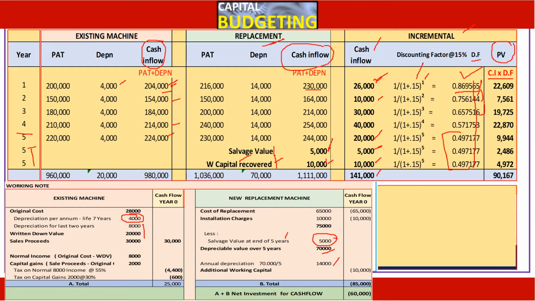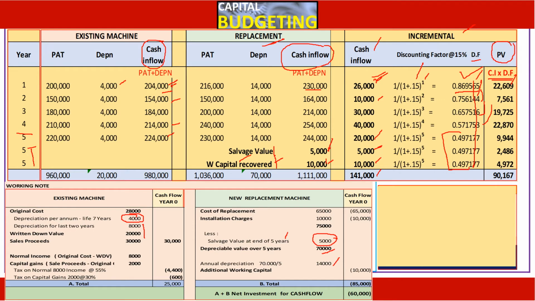In the event you are not given the DF, you can easily calculate this with one stroke of a calculator: 1 divided by 1.15, and in subsequent years each output divided by 1.15 again. The last step is to multiply the inflow by the discount factor, which gives the PV.